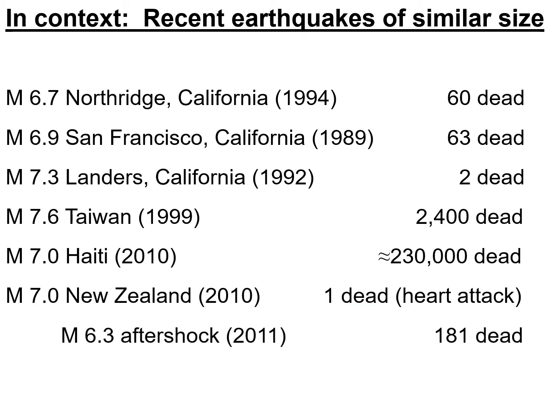A year later, there was an aftershock. Now, the aftershock was smaller than the main event because, again, it's an aftershock, not a new earthquake. But because there are many buildings that were already severely damaged, not yet fully repaired, and this aftershock was actually closer to the city of Christchurch, the death toll here was over 180, even though the main event, which was actually a little further away from the city, did damage a lot of buildings but didn't collapse as many as the aftershock did.